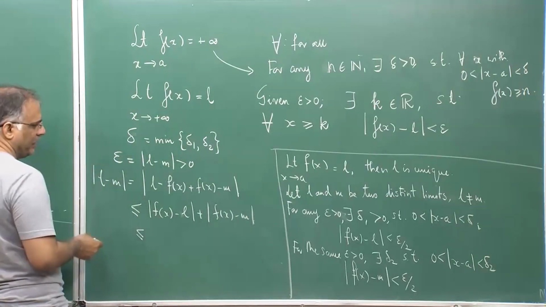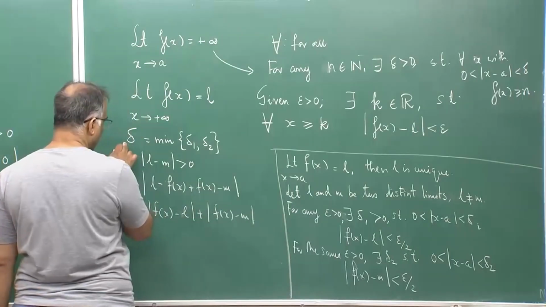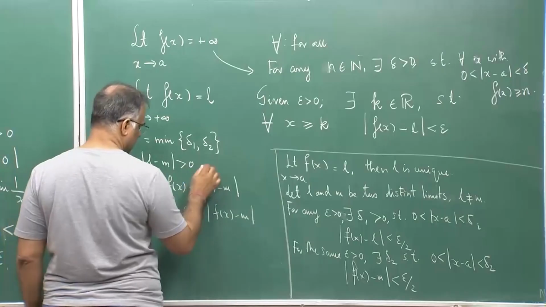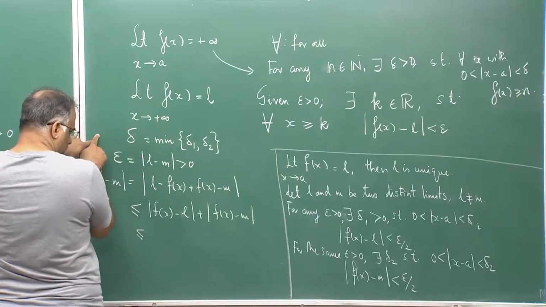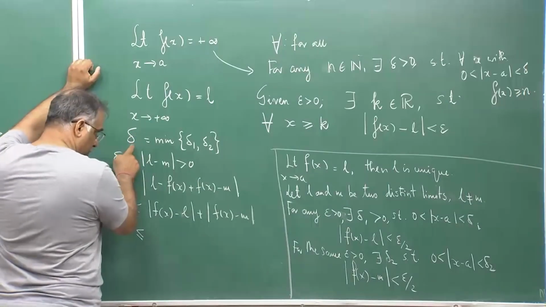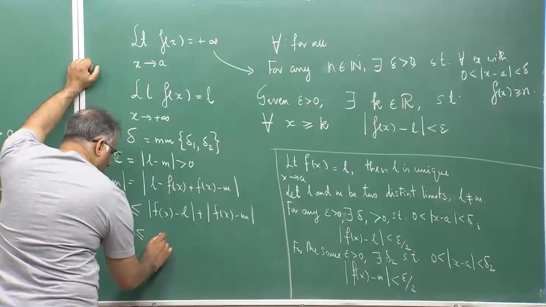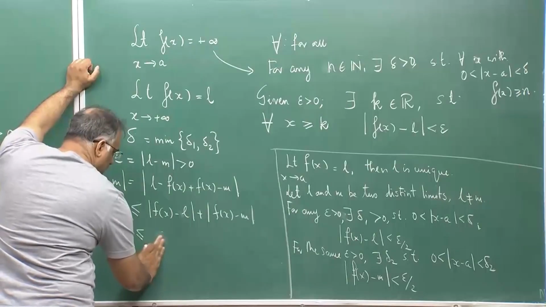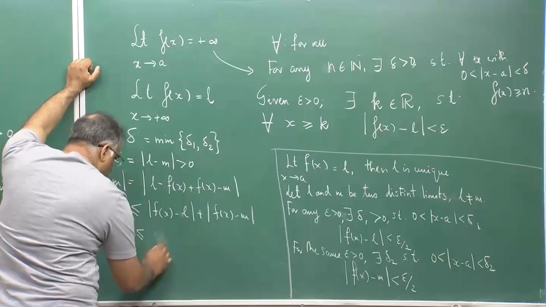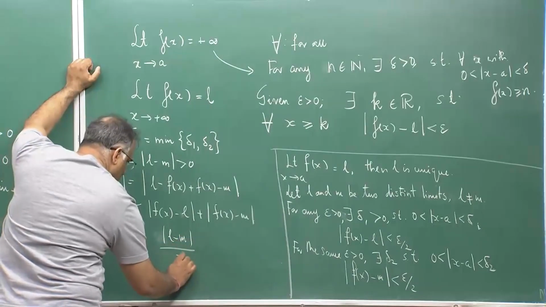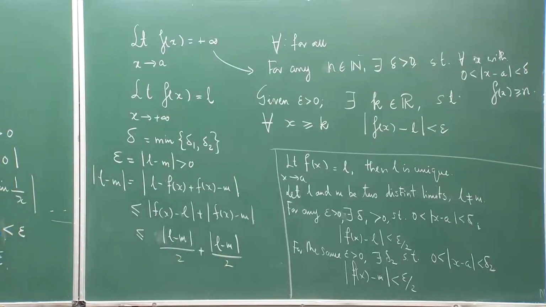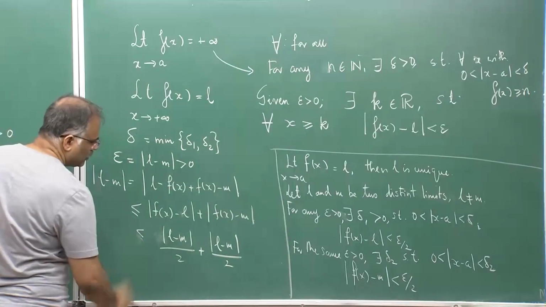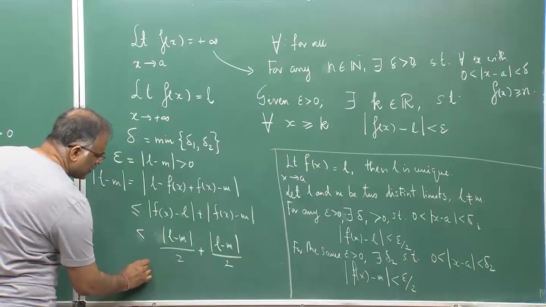So, I know that for every x lying between A minus delta and A plus delta, with this particular delta, I would have this to be less than epsilon by 2 and this to be less than epsilon by 2, but for this particular choice, this is strictly less than |L minus M|.